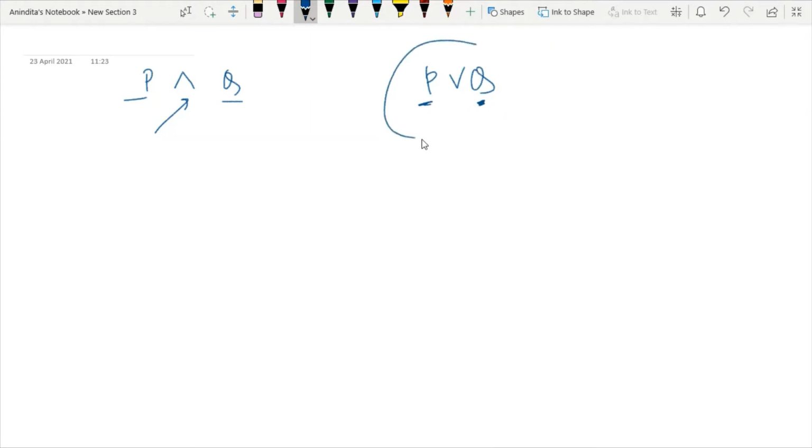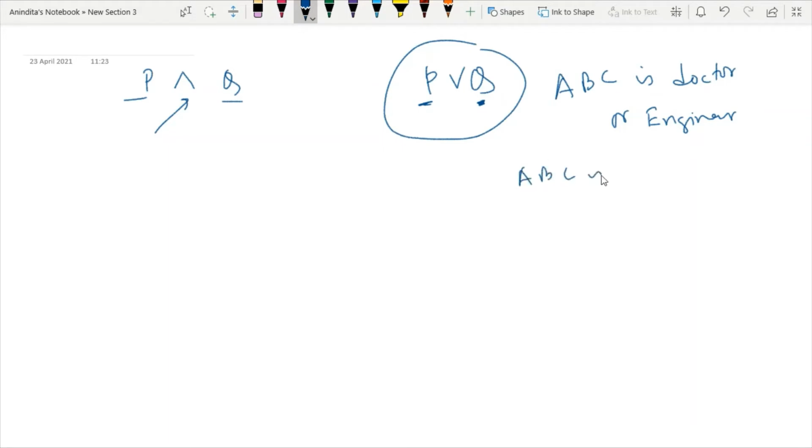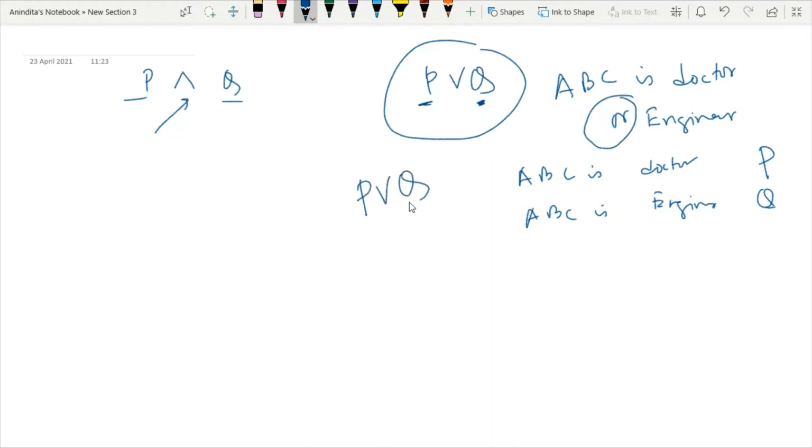The example of this kind: a person ABC is a doctor, or he may be an engineer. ABC is doctor can be represented as P, and ABC is engineer can be represented as Q. And what connective do we have in between? We have the OR connective. So in this case, the representation will be P or Q.